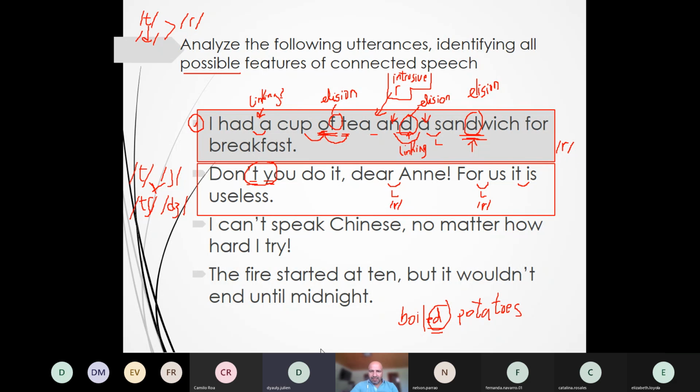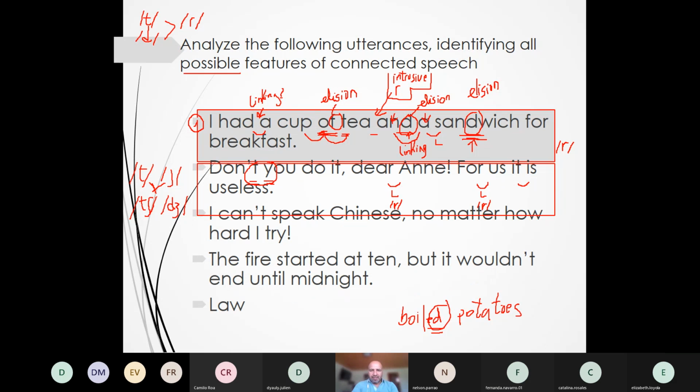Yes. All right, excellent. So "law and order": never in the spelling can you see the R right there in between the last sound of "law" and the beginning of "and".